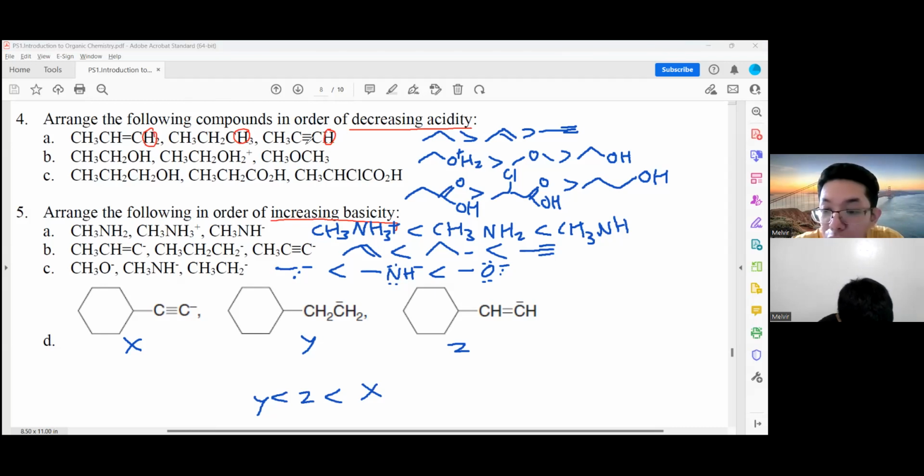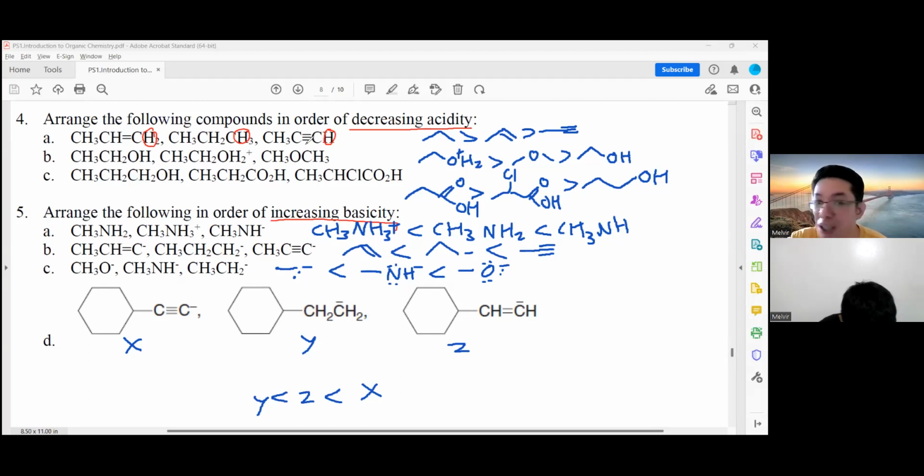From it, your hydrogen in your methyl can be removed, easily removed. Decreasing acidity ha. So ibig sabihin, pinaka-acidic mo si propane. You can easily remove the hydrogen in propane.